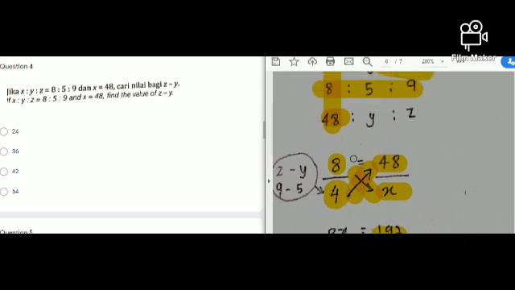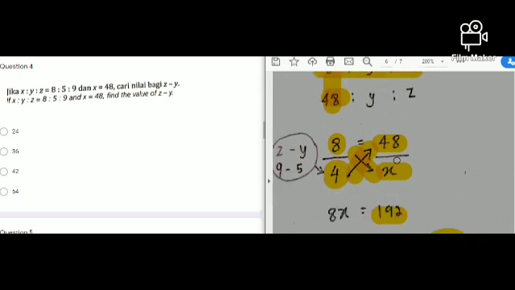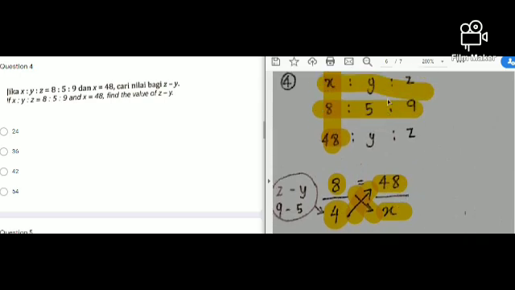Okay, remember, this is quite a confusing part. When you want to do fraction, you write the part that you know first. Okay, 8 equal to 48, because it is already mentioned here. And here, 4 is because the question wants z minus y.